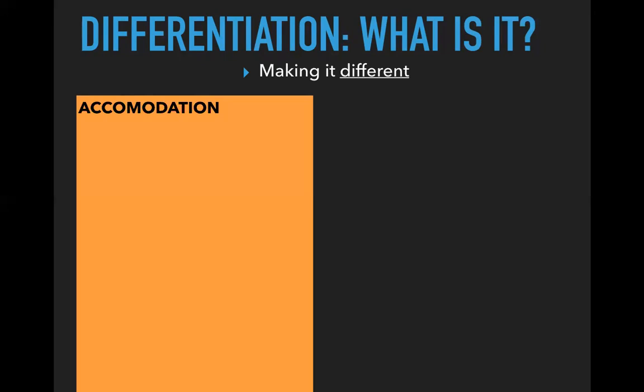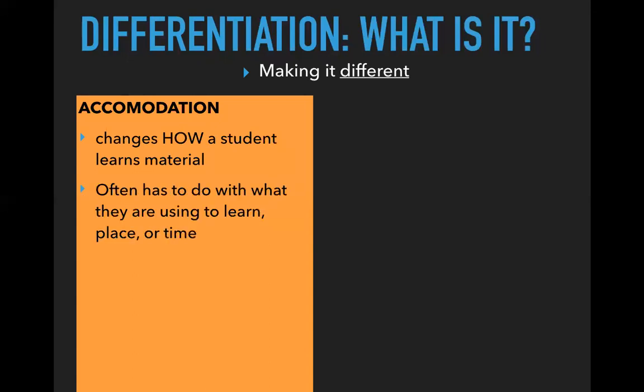So there's two kinds of differentiation. One is accommodation. This is when you change how a student learns the material. This often has to do with what they are using to learn, or the place or the time. So for example, in Liz's example, some students were using material in English. Some students used translated materials, right?